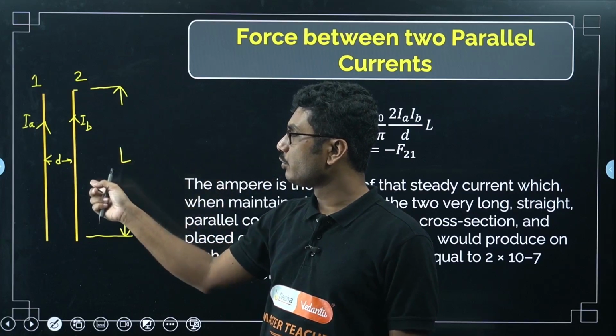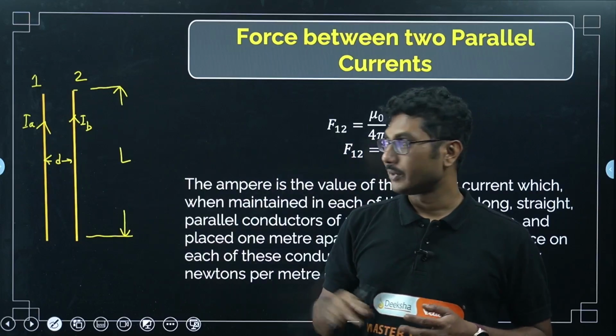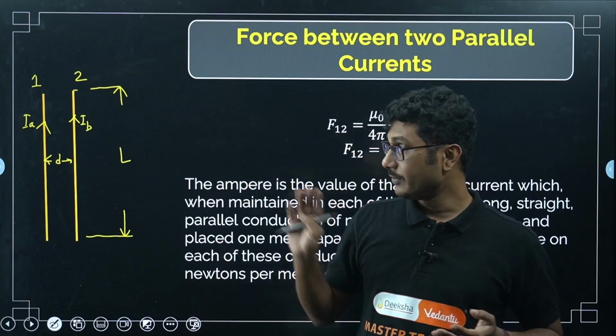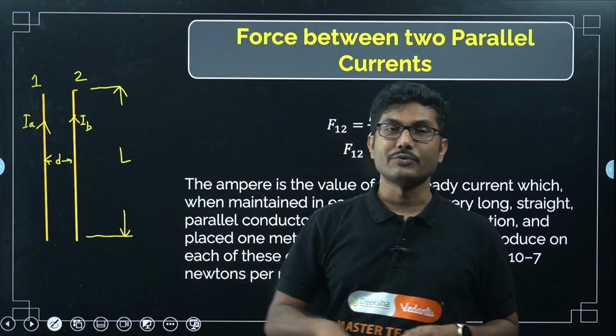Similarly, wire 2 will produce a magnetic field where wire 1 is located. Now they will interact with each other, and they will apply some force on each other.